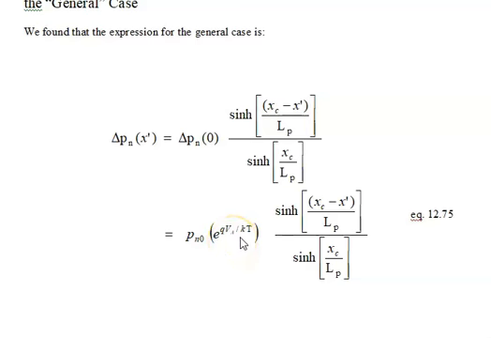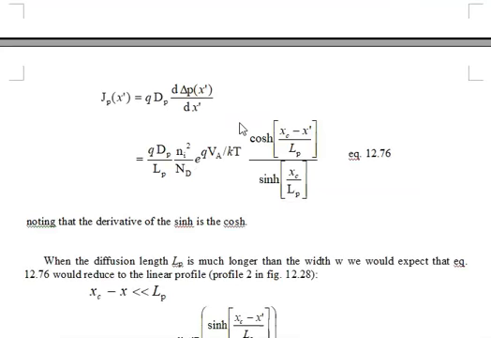And to find the current, I just differentiate the excess carrier concentration with respect to x. And this is the only term which has an x variation. The derivative of the sinh is equal to the cosh. And that's why I have the cosh here. And here it is in all its glory. This is the current density of holes in the n-type region.